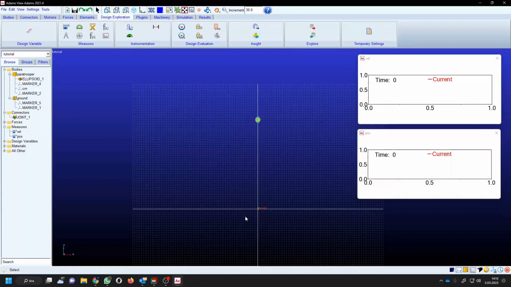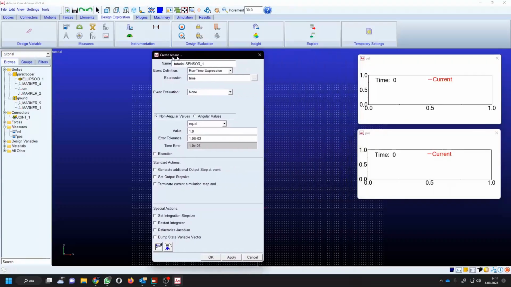So to keep things simple, Adams View has a sensor tool. We will use this tool to automatically stop the simulation when our vertical position reaches the ground, I mean, when it becomes equal to 0 within a tolerance value. So let's create this sensor.